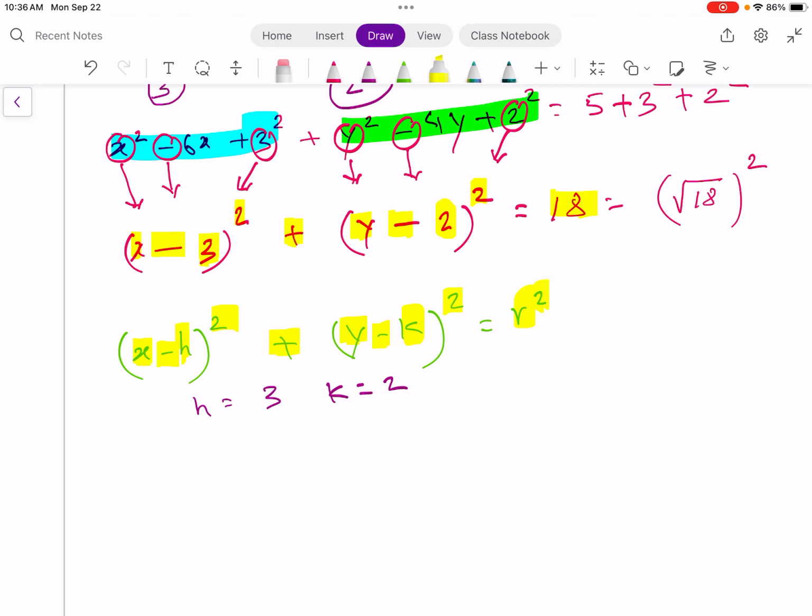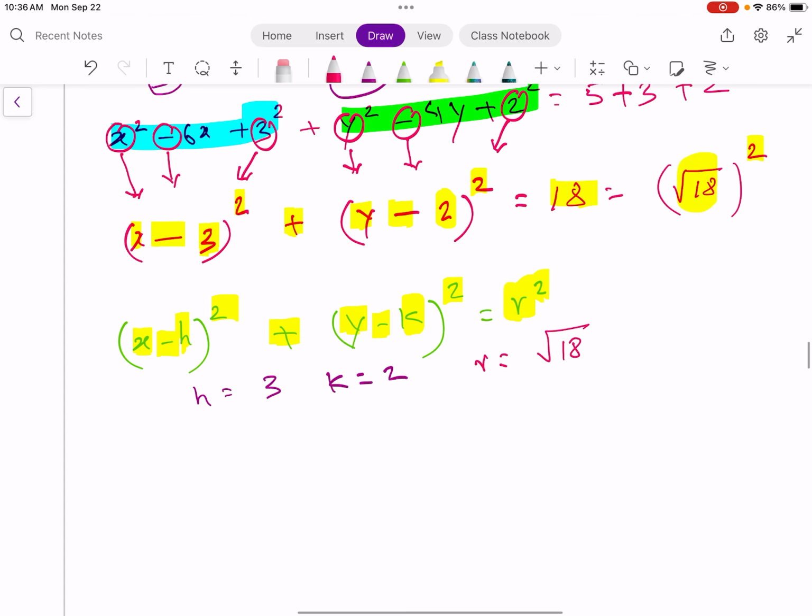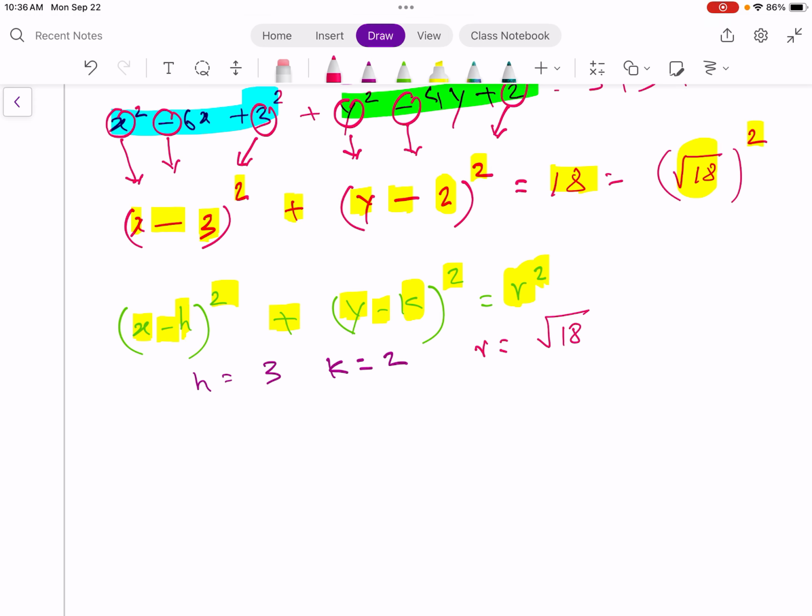So for square we have square, and for r, what do we have? Square root of 18. So our r is square root of 18. So this circle has center (3, 2), since (h, k) is the center, and radius square root of 18. This is how we can use a standard form to find the center and the radius of a circle.